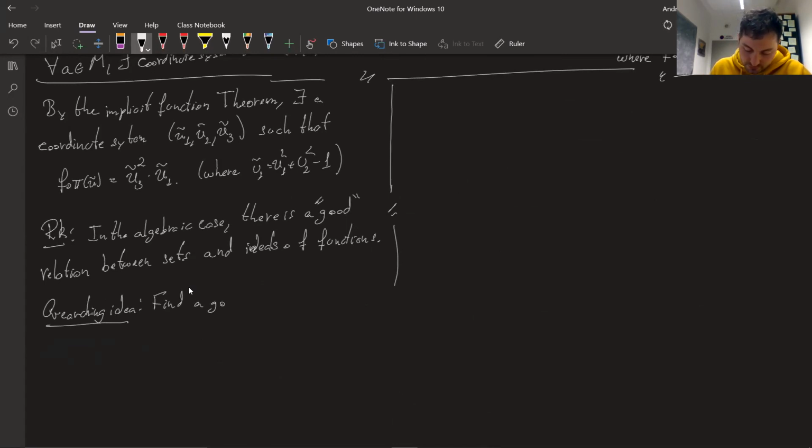The good parameterization of X, the algebraic set. This is a very rough idea of where it's coming from.